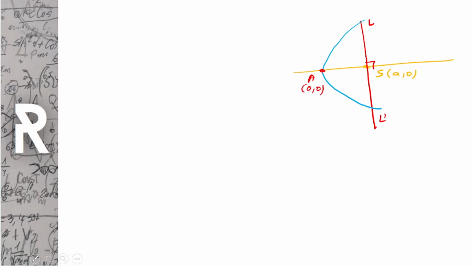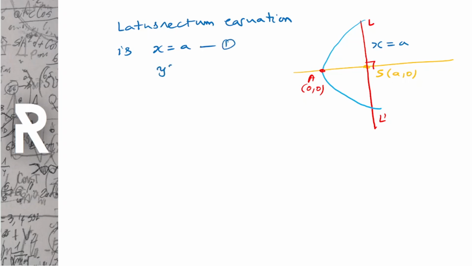The equation of the latus rectum: it is a vertical line passing through the focus (a, 0), so its equation is x = a. The parabola equation is y² = 4ax. Solving these two, substituting 1 in 2, y² = 4a·a = 4a², so y = ±2a.